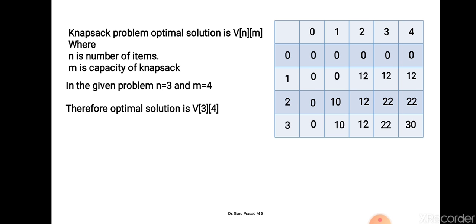Therefore, the optimal solution is V of 3 comma 4 equal to 30 units. In the dynamic programming knapsack problem, the last cell value, n comma m, is the optimal solution. For the given problem, the optimal solution is 30 units.